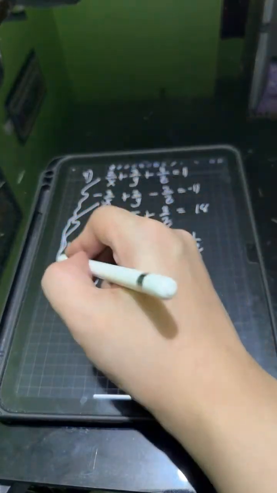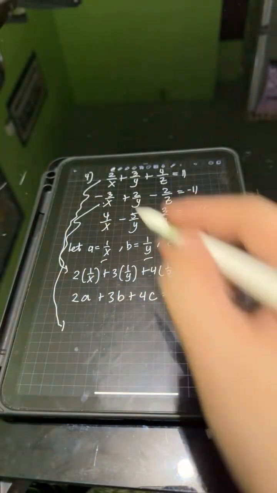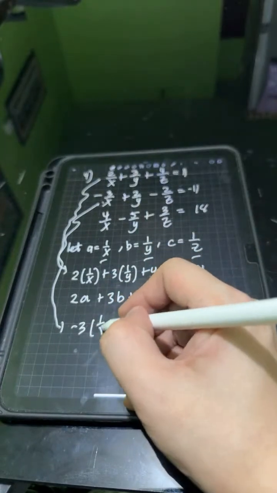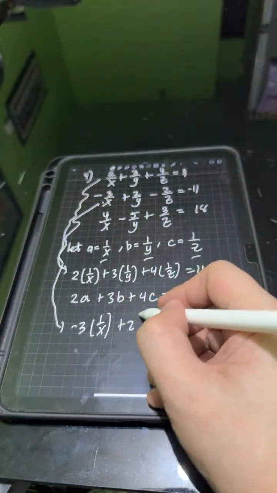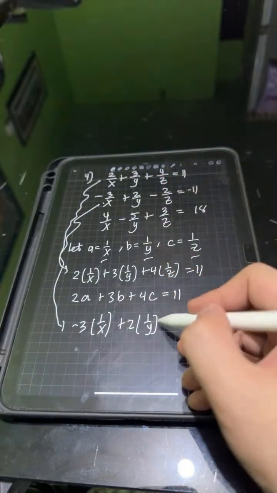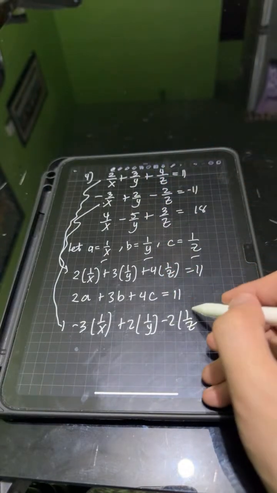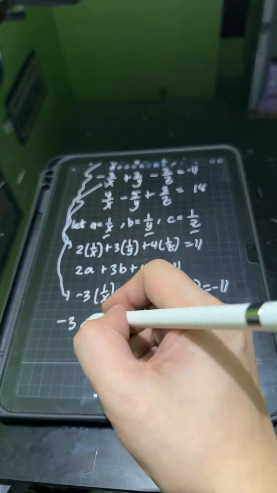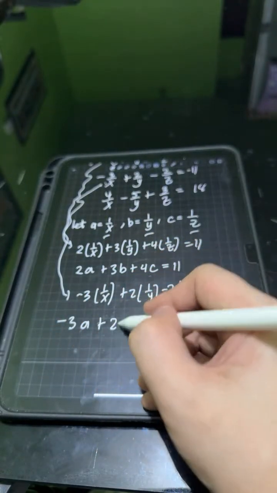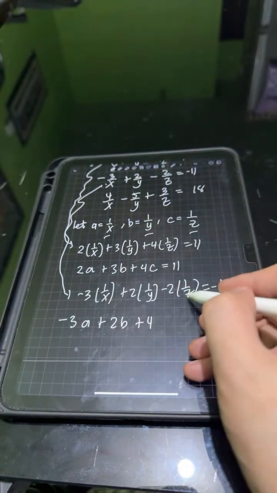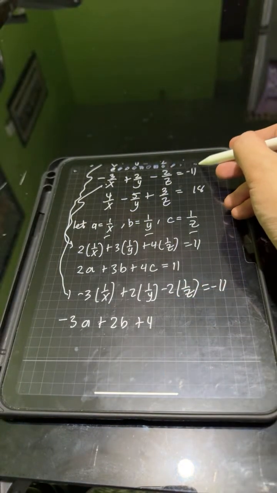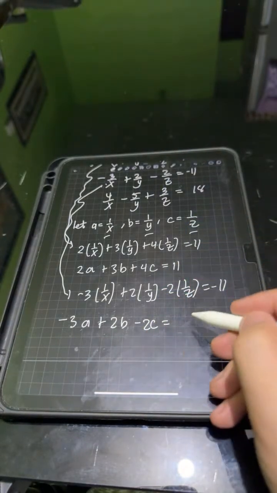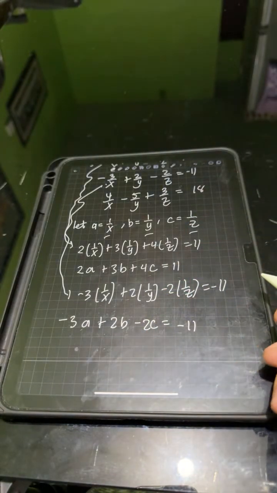Applying the same substitution in the second one, we have negative 3 times 1 over x plus 2 times 1 over y minus 2 times 1 over z equals negative 11, or negative 3a plus 2b minus 2c equals negative 11.